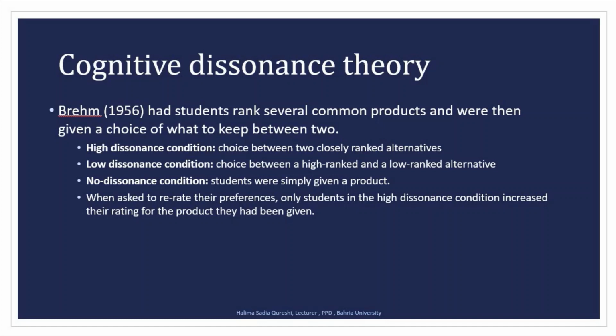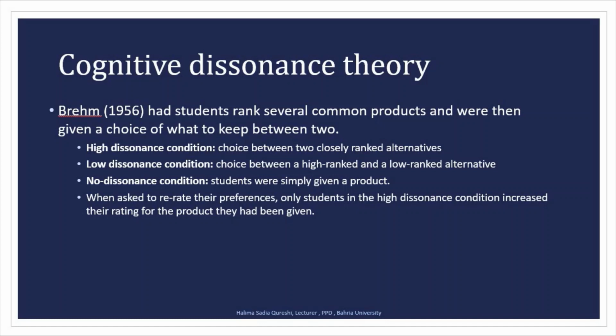When we are talking about the no dissonance condition, you are not going to have any options. You go to the shop and you like some dress and there is nothing compatible with that dress, so there is no clash between other products. This is the no dissonance condition as well.